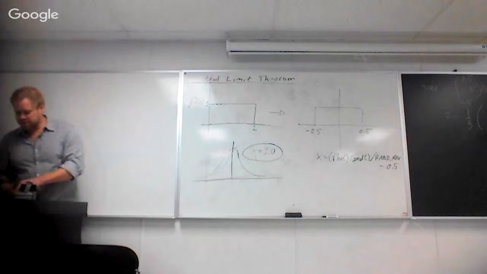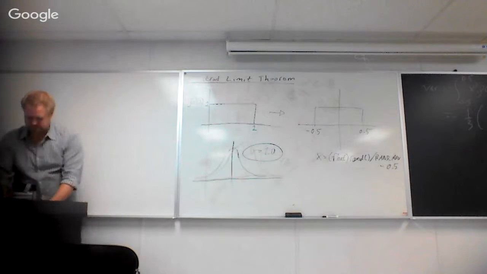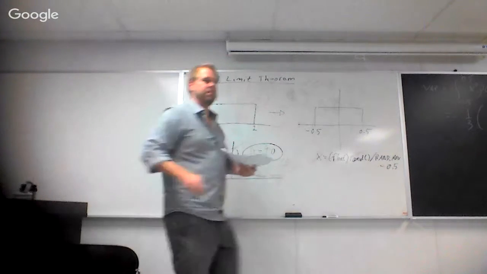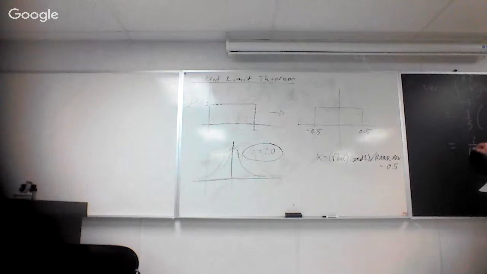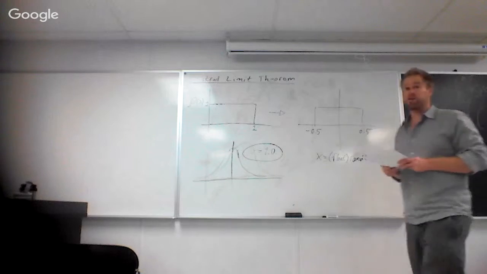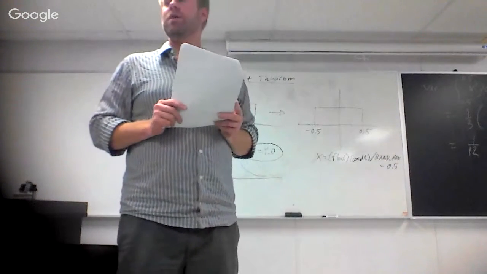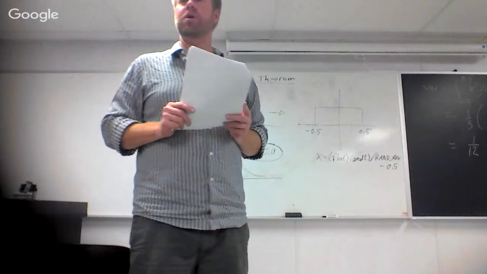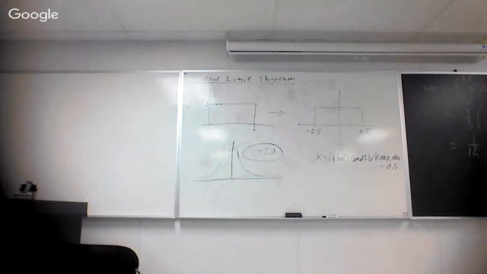Wrong in my notes. Okay, and what we end up with is 1 over 12. Cool? So this is the variance of our input distribution.